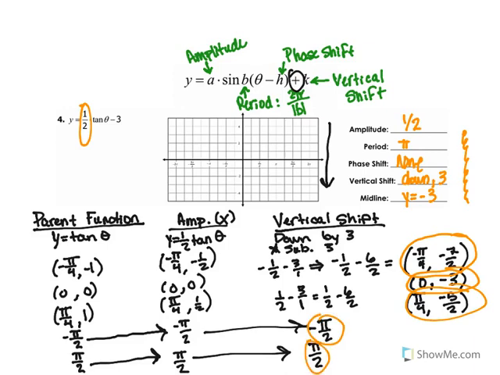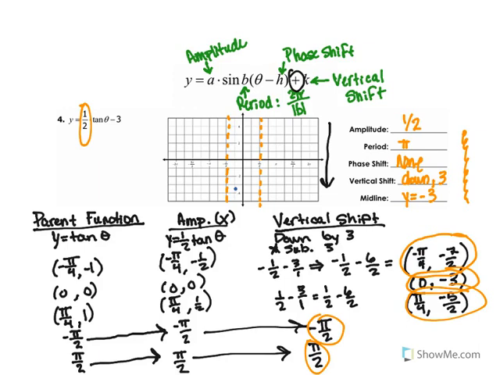And we have our two asymptotes. I'm going to graph my asymptotes first at negative pi over 2 and pi over 2. And then I'm going to graph my points, which are at negative pi over 4, negative 7 halves, which is 3.5.